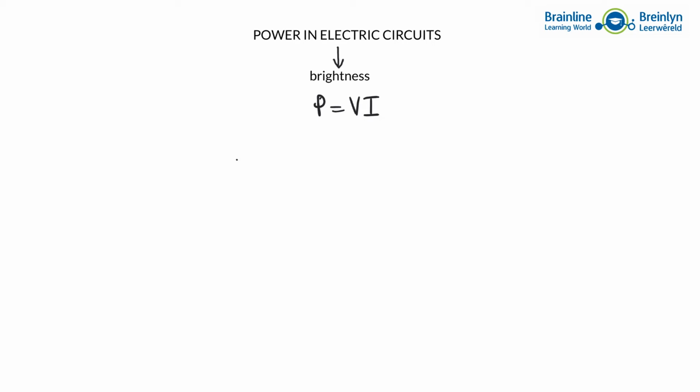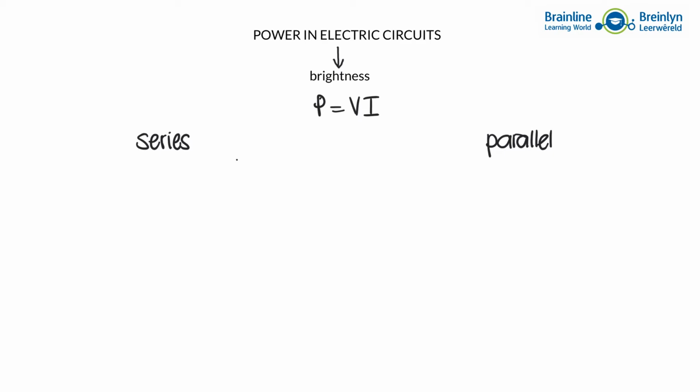Now, of course, we always have to firstly start off by looking at how the bulbs have been connected. The bulbs could possibly have been connected in series, or alternatively, they could have been connected in parallel. And that's always where we're going to start.